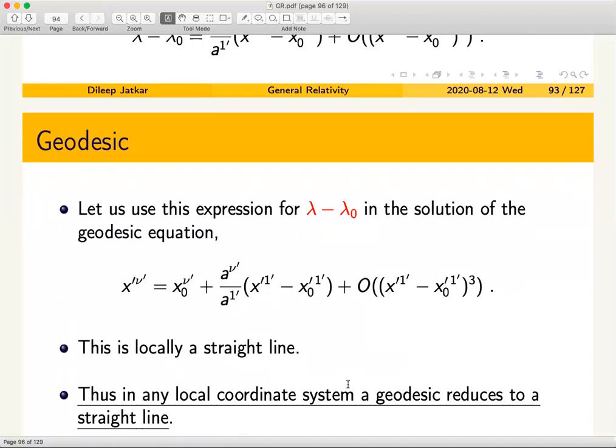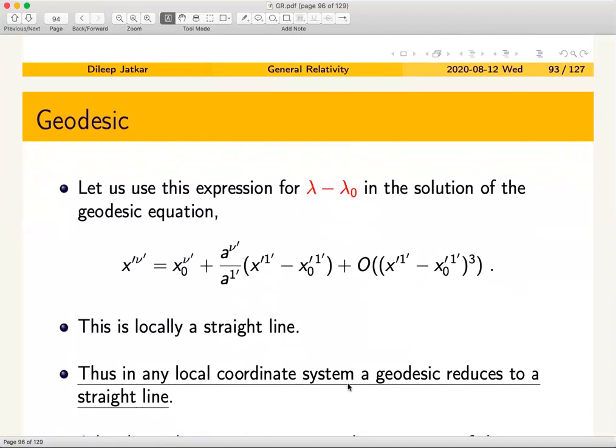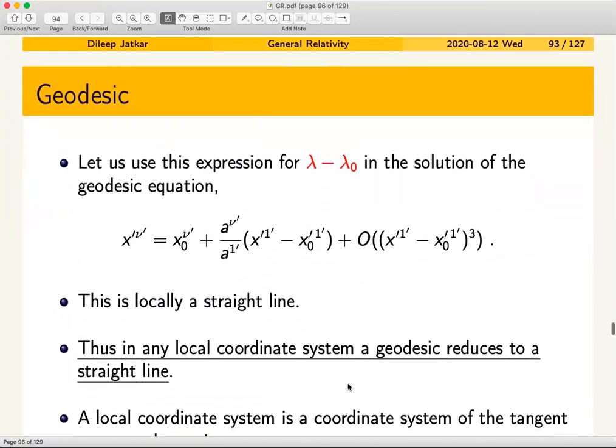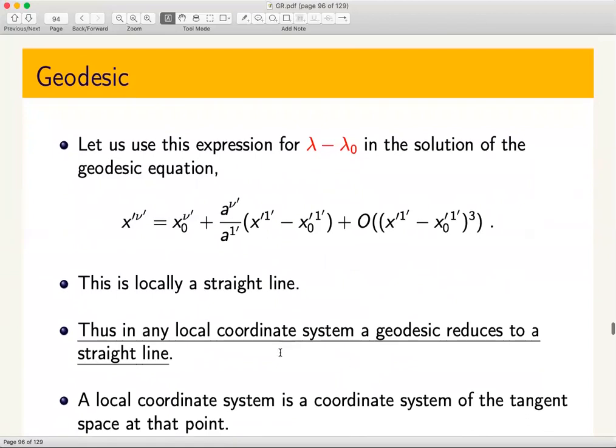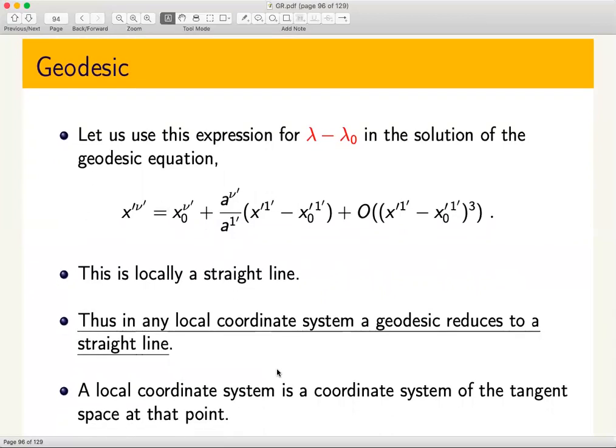Okay, so in that sense, one could say that it is a locally straightest path, following what we discussed last time. Fine. But of course, we know that the local coordinate system at a particular point is really the coordinate system of the tangent space at that point.